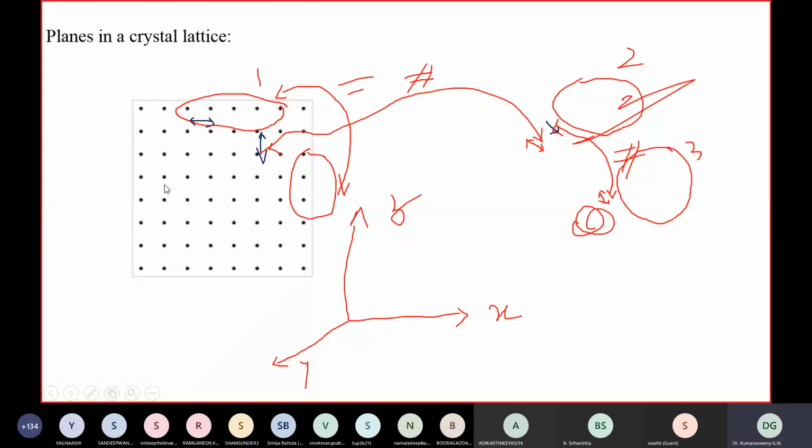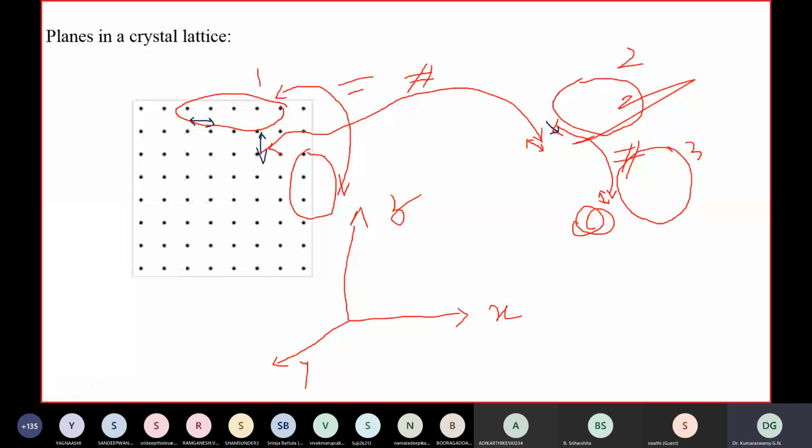What is the other way to generate this lattice? One way is to start from any point and go on translating basis vectors A, B, and C in their respective directions. What is the next other option we have to generate this lattice?